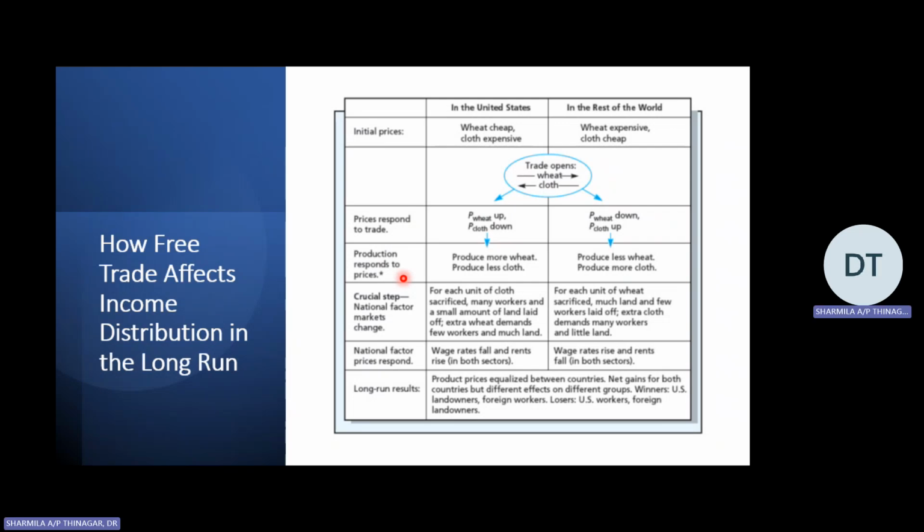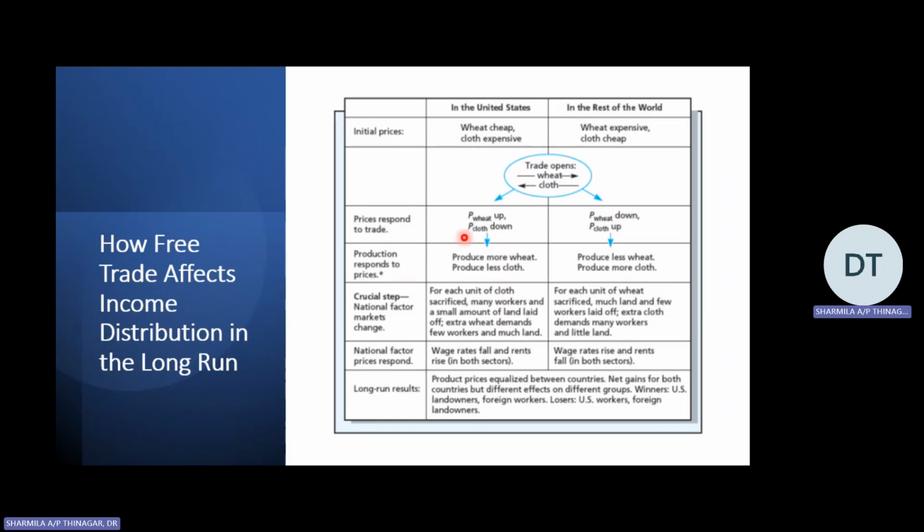I repeat again, you are a producer now. The price is higher. You will produce more or less? More, right? Why? As a producer, you want to gain more. Law of supply, remember?